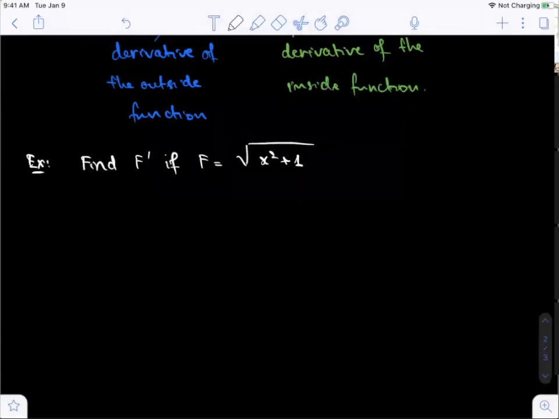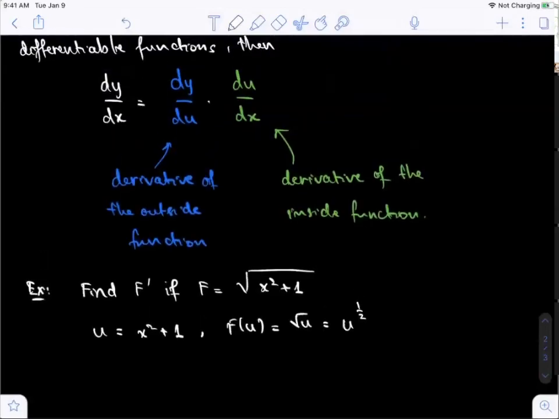So you say that u is the inside part of the function, x squared plus 1, and capital F of u is equal to u to the 1/2, or square root of u. You want to have the derivative of this composite function.